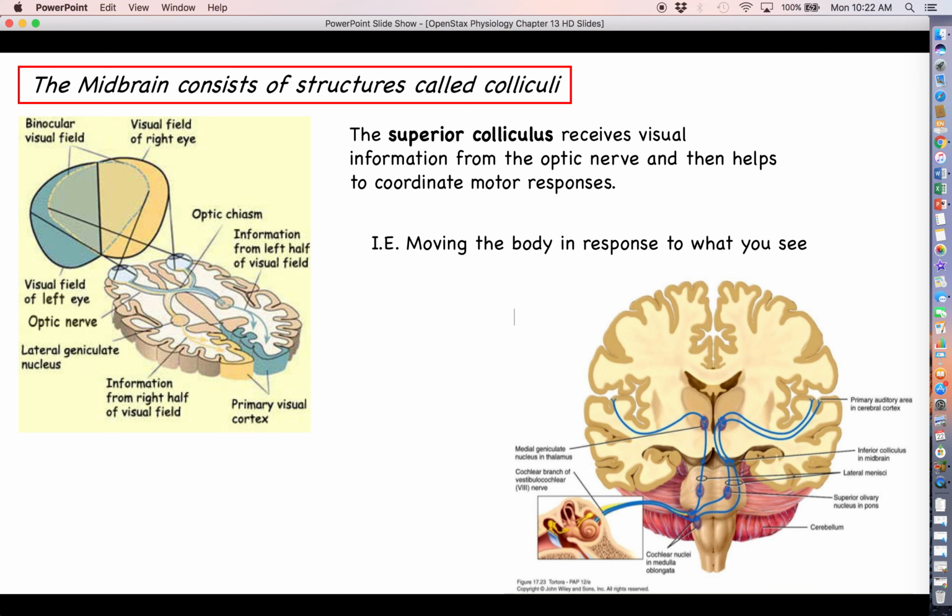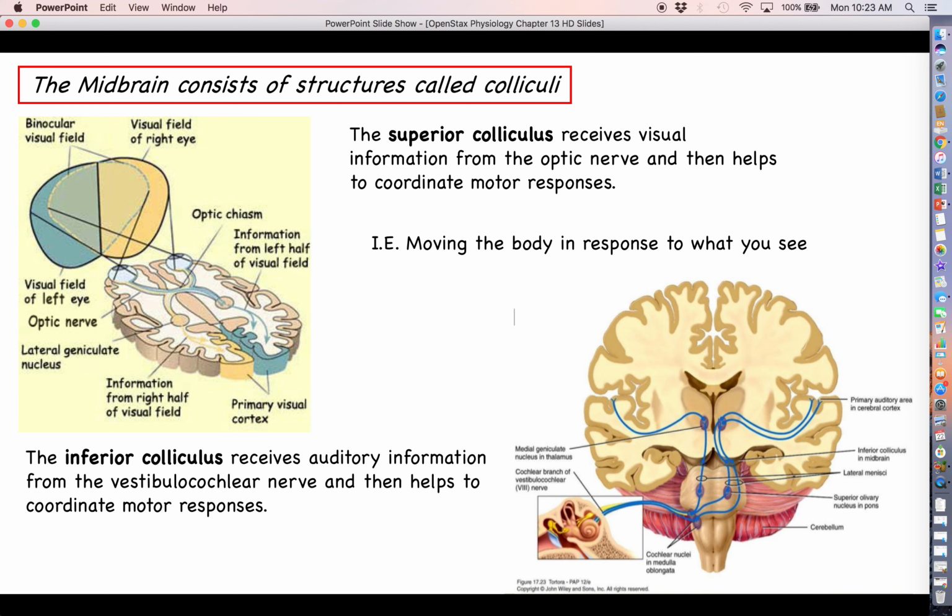So if you are, say, walking along and you see a bird flying at you from the right, you can then very quickly turn that into a body movement so that you can either back up and get out of the way or something else.